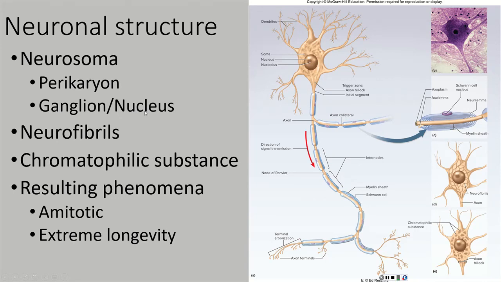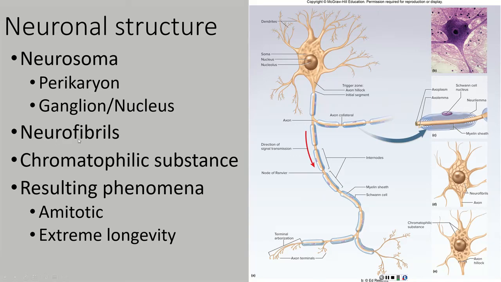Yes, now I know nucleus we also learned as an organelle, this structure right here. But nucleus has more than one meaning. A nucleus is a cluster of cell bodies of neurons in the central nervous system. Sometimes we'll have the exact same thing, a cluster of cell bodies in the peripheral nervous system, and there we call it a ganglion. So ganglion and nucleus, they're the exact same thing, except ganglion is a cluster of cell bodies in the peripheral nervous system. A nucleus is a cluster of cell bodies in the central nervous system.